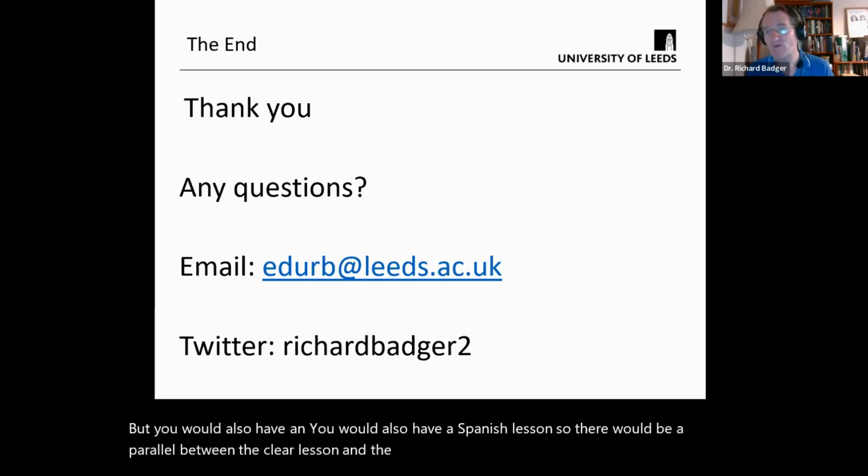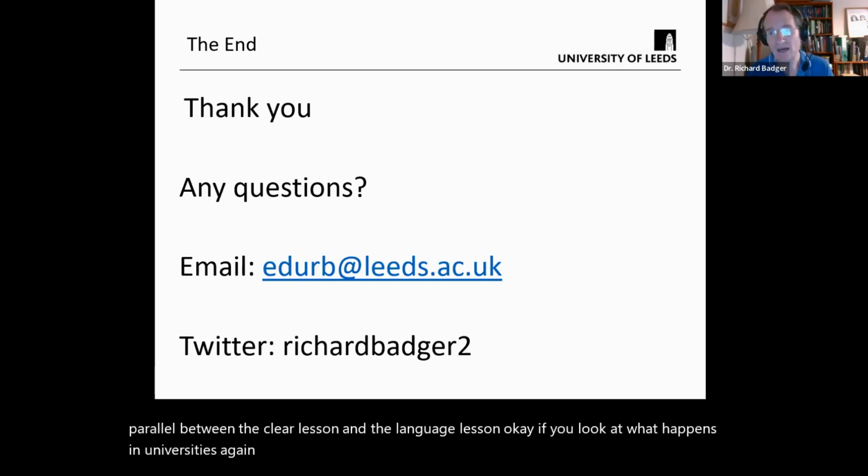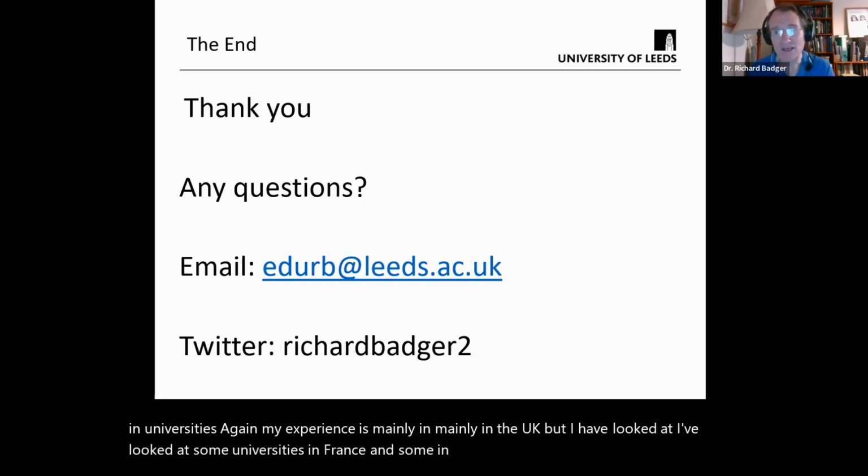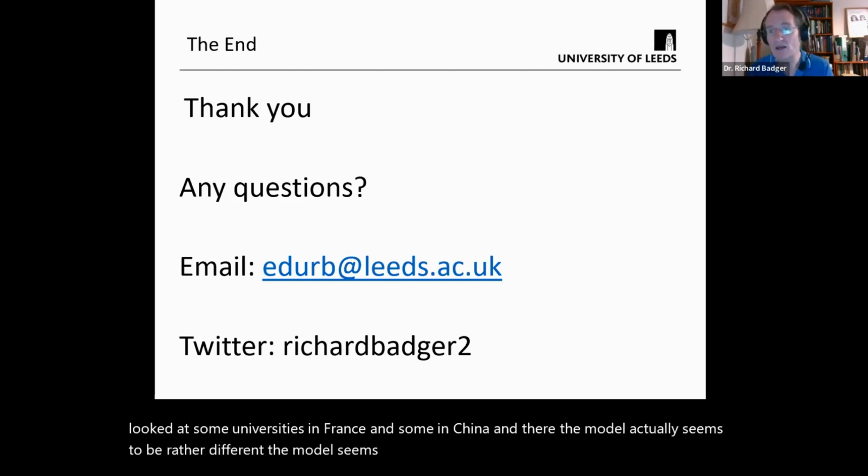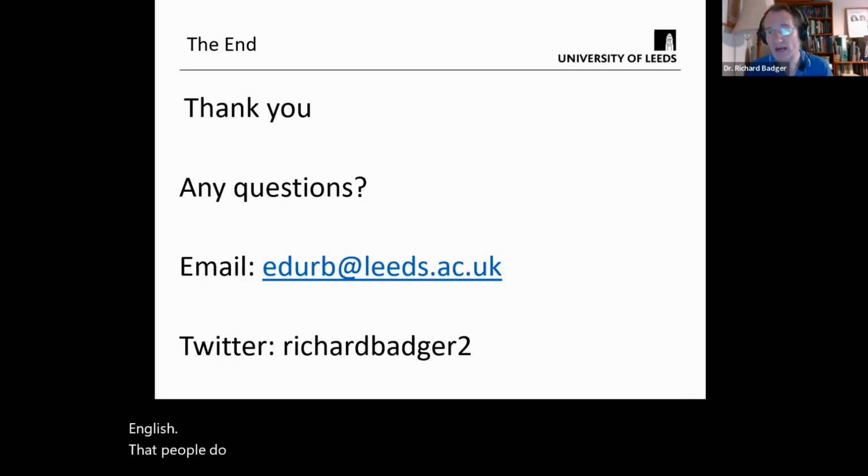If you look at what happens in universities, again my experience is mainly in the UK, but I have looked at some universities in France and some in China, and there the model seems to be rather different. You just have the class which is taught through English. In France, people were doing business through English. In China, people were doing physics through English.